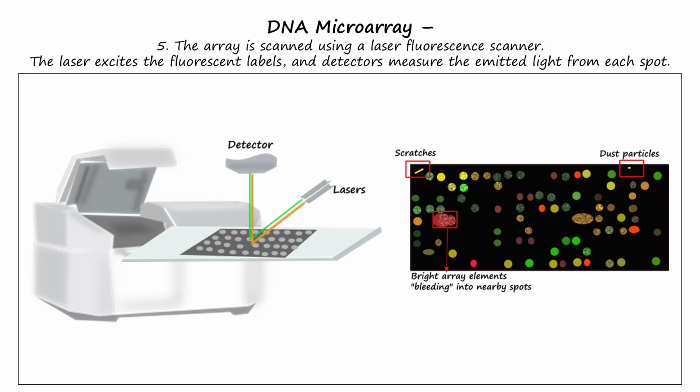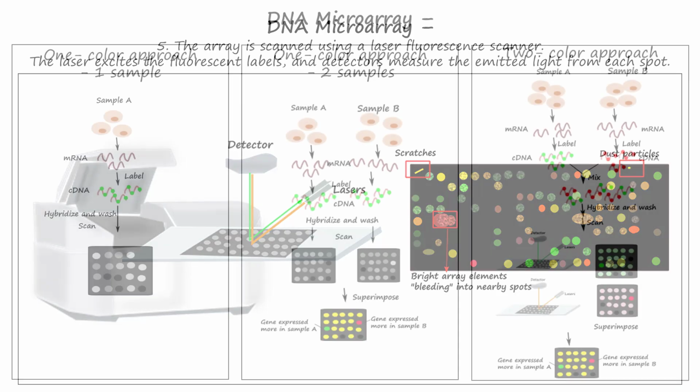The laser excites the fluorescent labels and detectors measure the emitted light from each spot. Specialized software converts the fluorescence image into quantitative data by measuring signal intensity, subtracting background noise, and normalizing the results. The fluorescence intensity of each spot reflects the expression level of the corresponding gene.